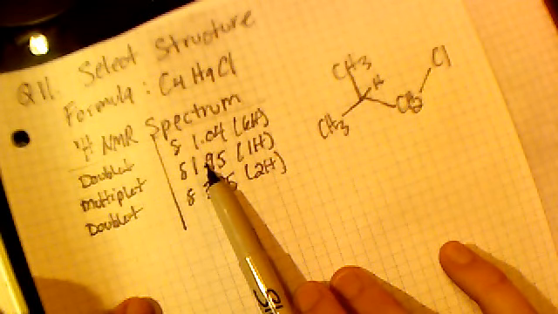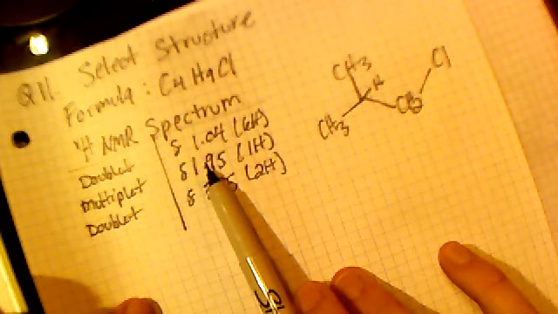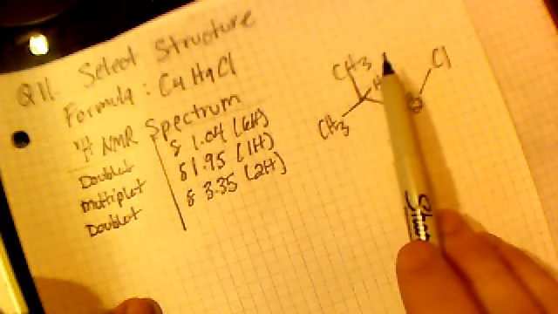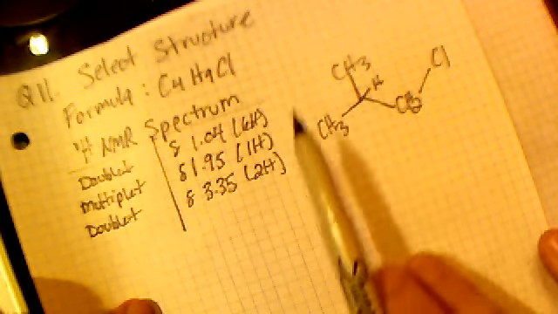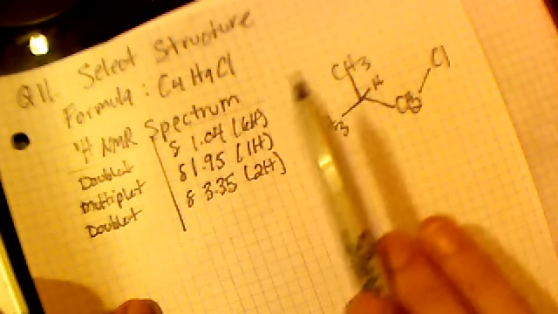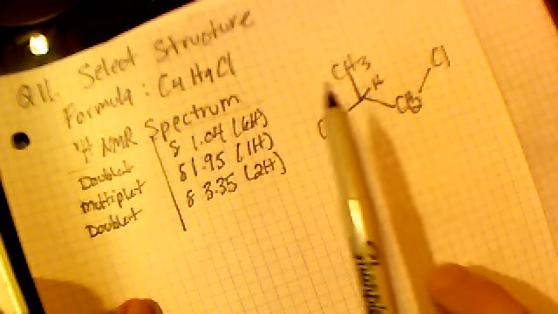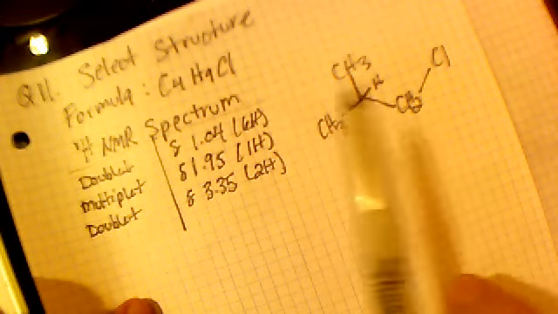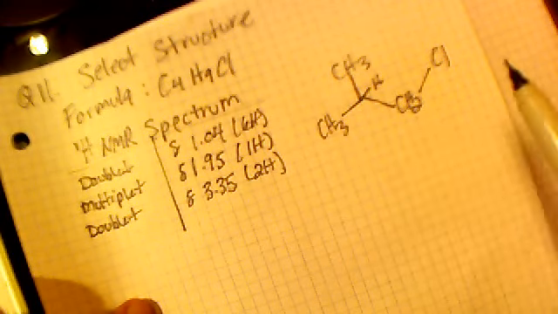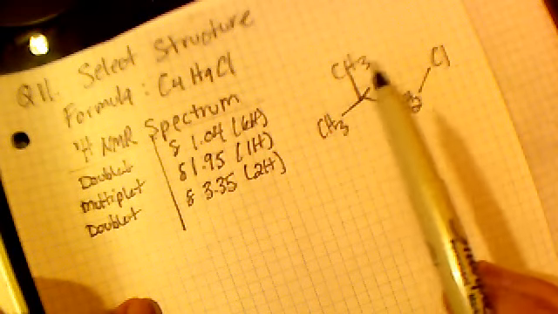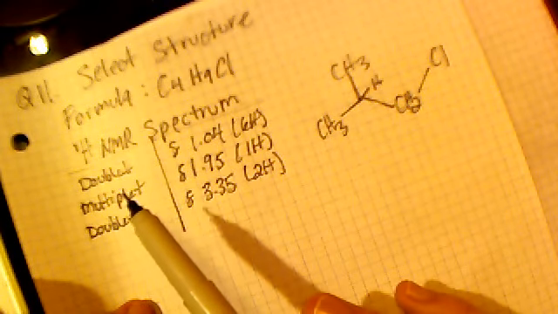It's further away from the chlorine, the electronegative chlorine. It's split into a multiplet because of these 6 heterotopic hydrogens here, and then the 2 here. It's in between 2 different kinds of hydrogens, and it's splitting up its signal into several different peaks. So that's where the multiplet comes from.